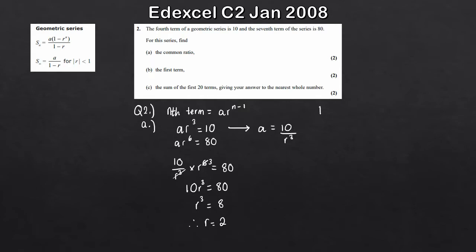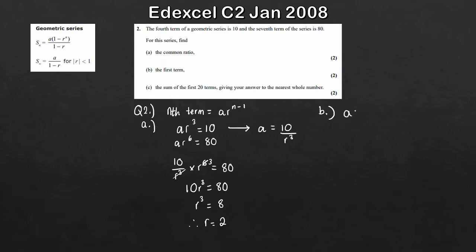Part B, we want to find the first term. In this case, we just want to find a. Remember, a represents the first term of the series. If we're looking to find a, you can substitute it back into either of these. You can substitute r is 2 into ar cubed equals 10, or you can sub it into ar^6 equals 80. To me, it makes more sense to sub it into the first one because we know what r cubed is.